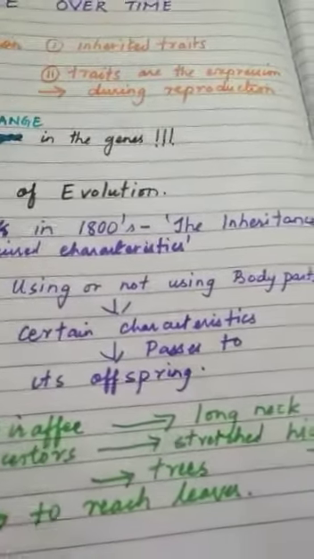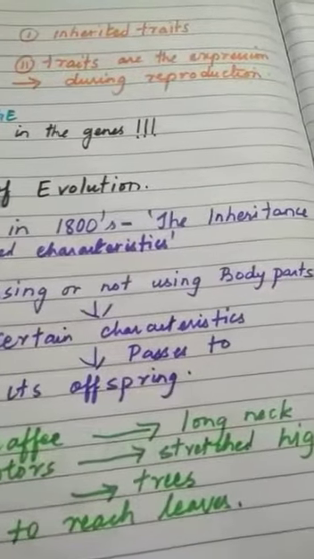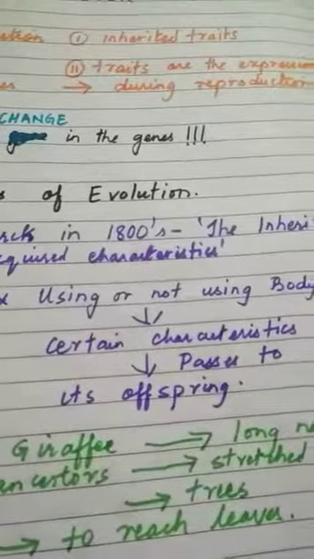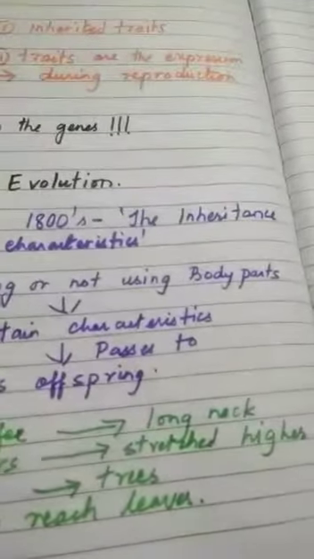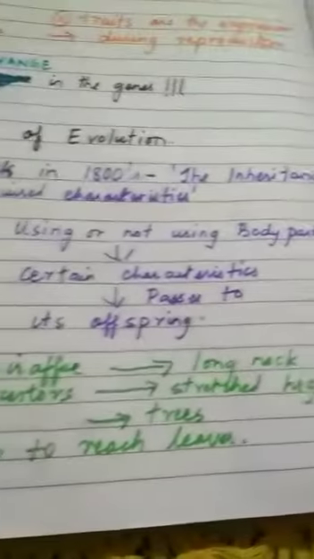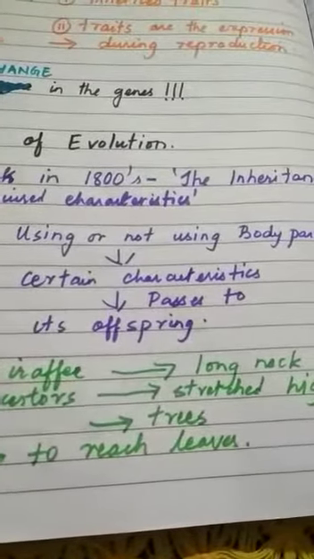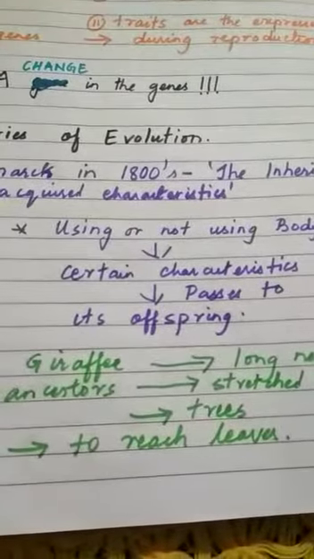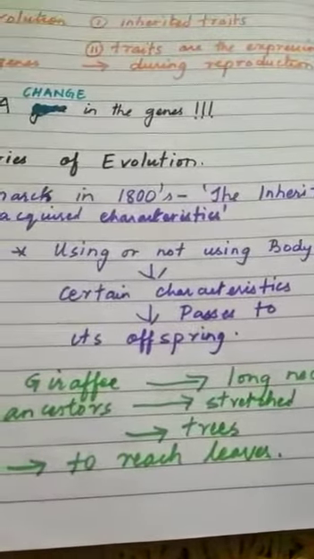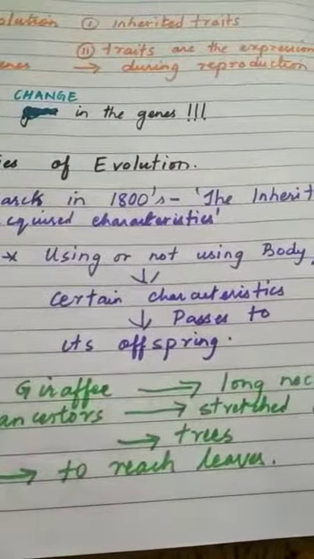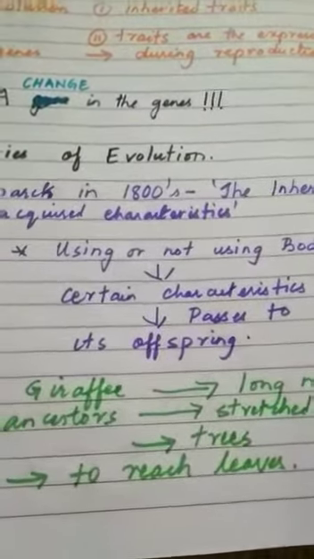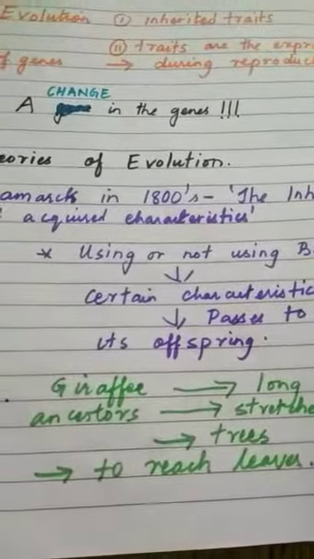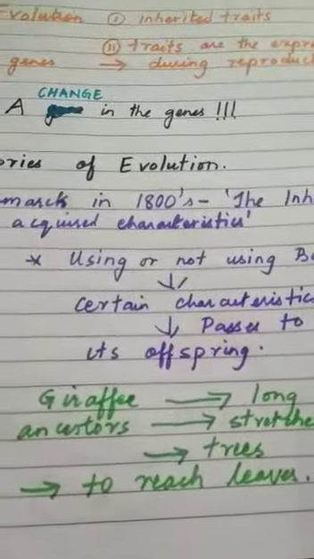He believed that it has a long neck because its ancestors stretched higher into the trees to reach leaves, and that animal's increasingly lengthened neck was passed on to his offspring. This was Lamarck's theory. Alright, simple.